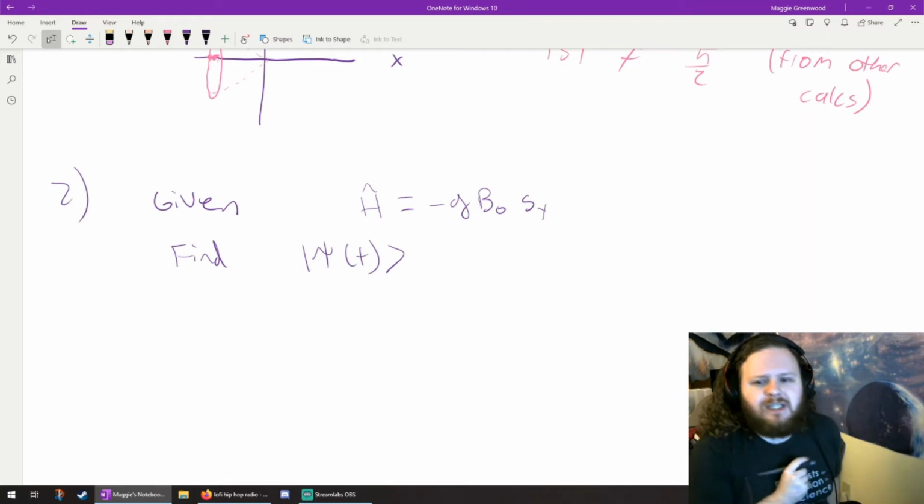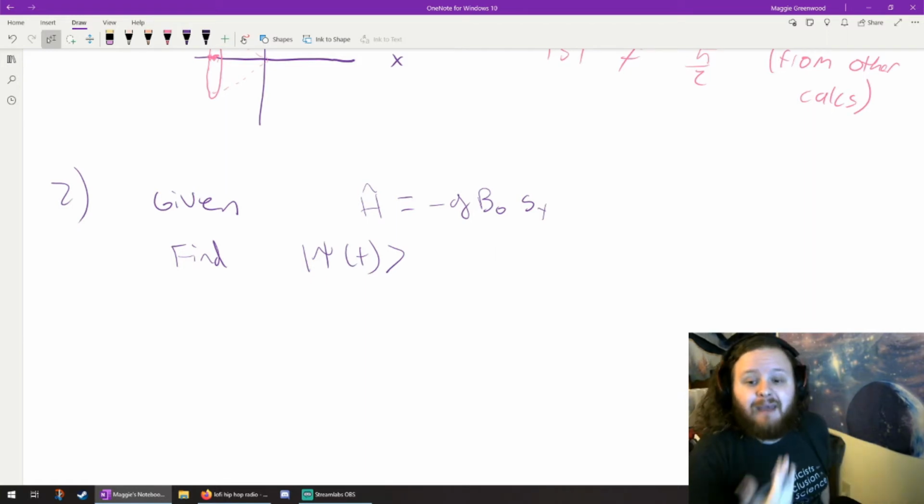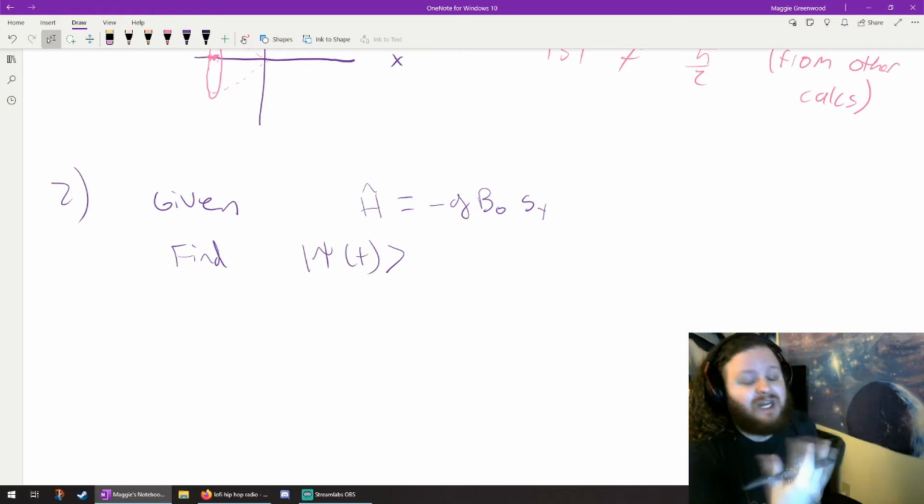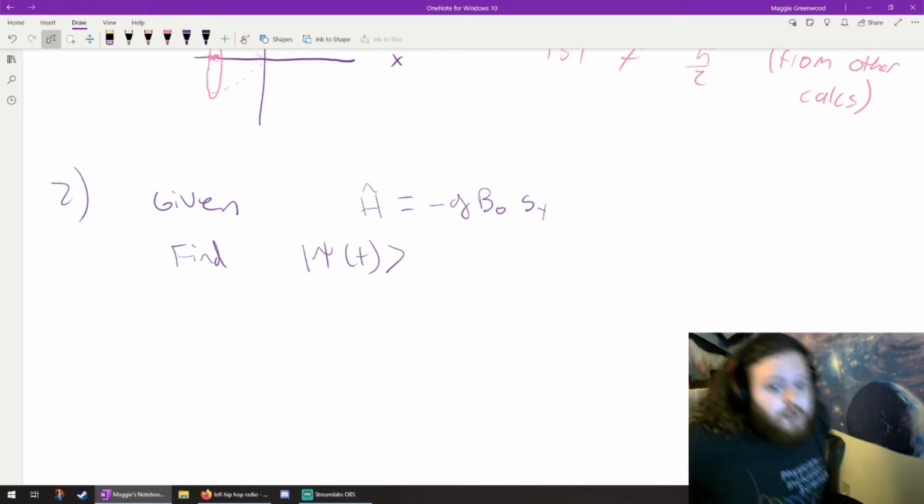We'll do just this part first, and then we're going to ask the same expectation value questions again, but with our wave function or our state written as a function of time.